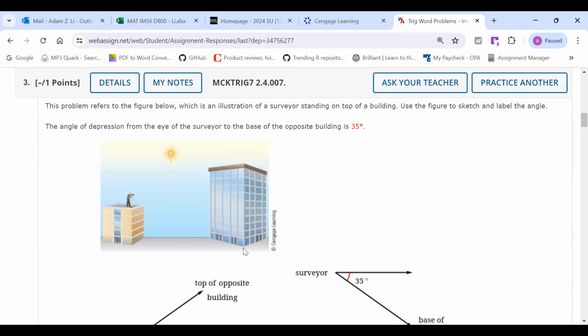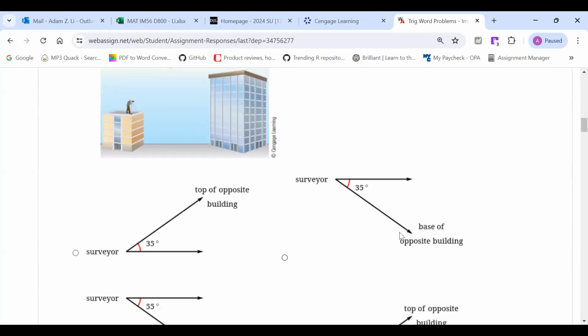This is the base of the opposite building. So this is the angle of depression. Which one describes this? What do you think?